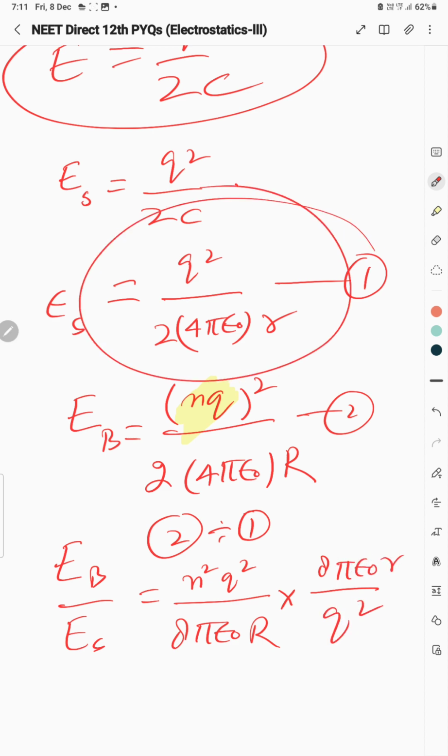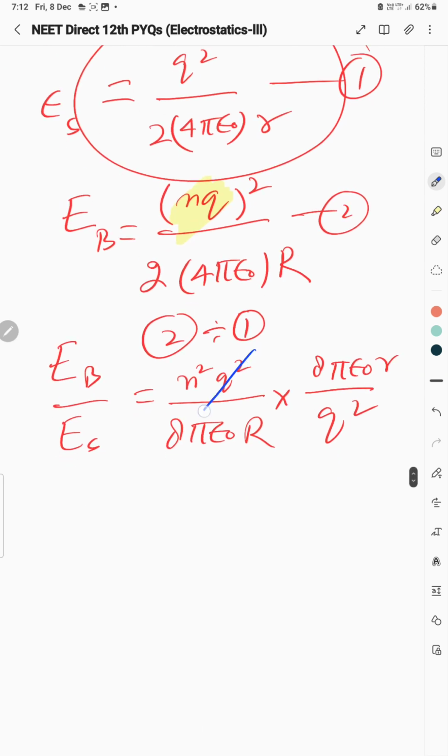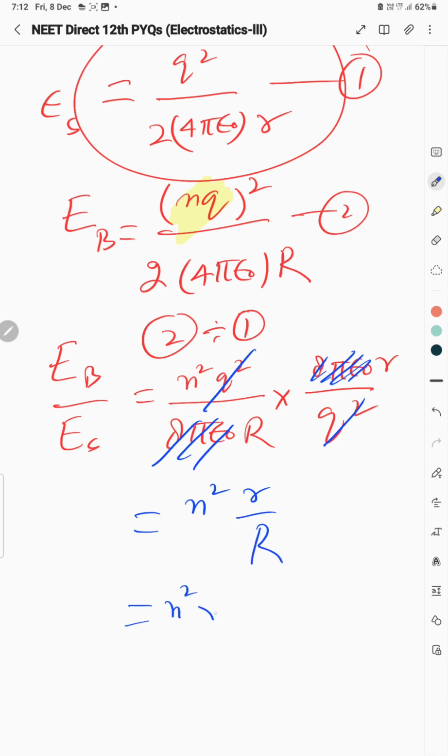As you can see, I'm using these two expressions here. All right. Now let's check what cancels. This cancels, and you are left with n square in the numerator with r and capital R here. This is all right, but now let's find small r by big R.